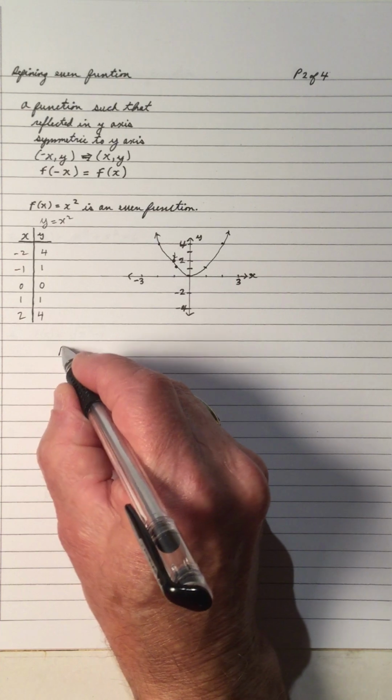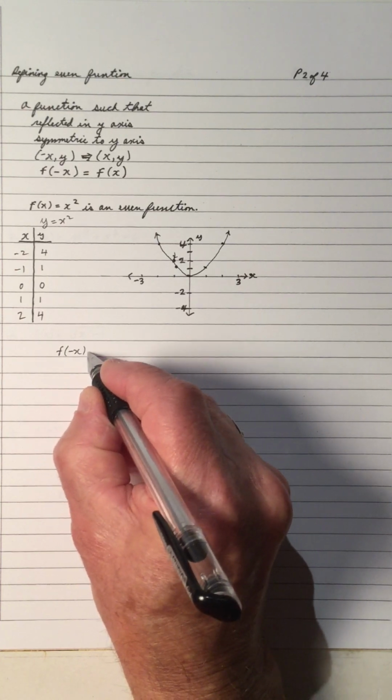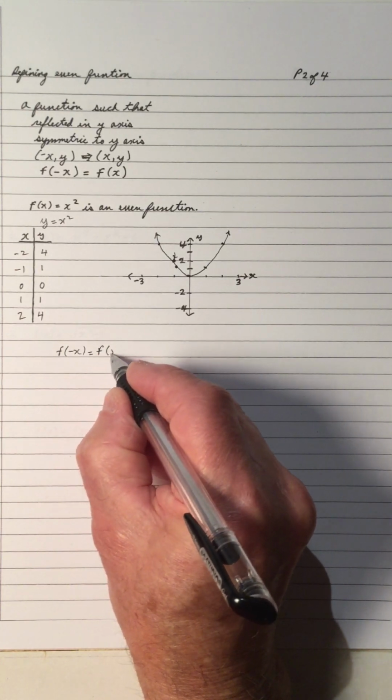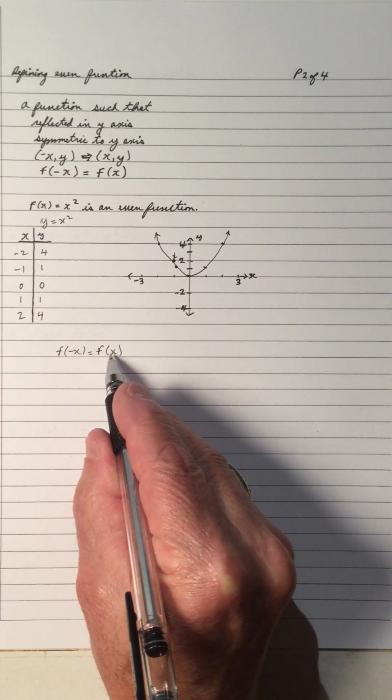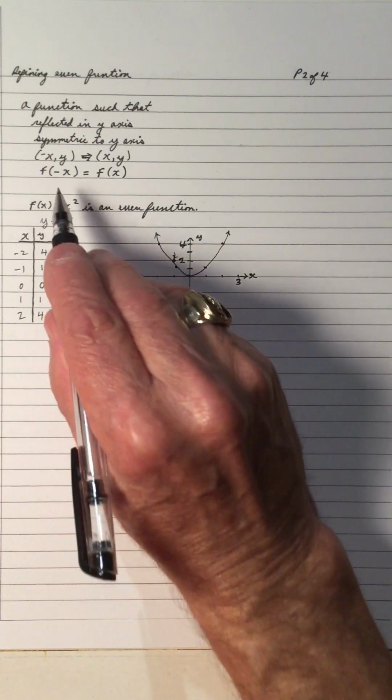So in this unit, I'm going to use this definition of an even function: f of negative x is equal to f of x. So negative x and x.